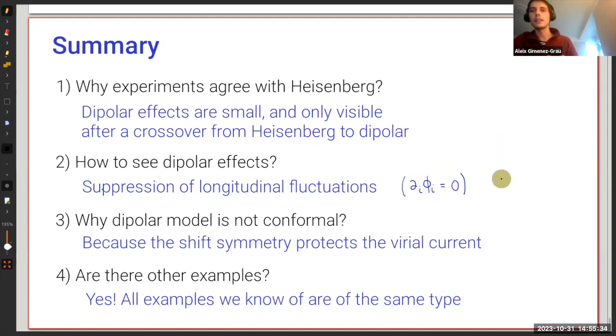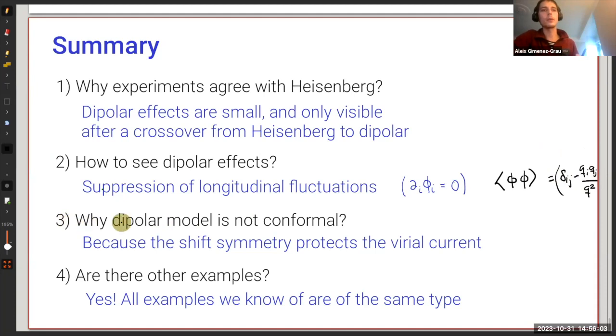And that's going to mean that your 2-point function is going to have a structure like delta ij minus qi qj over q squared. There's going to be some overall factor like this, and this is something that can be observed in experiments. So that's the way to see dipolar effects.